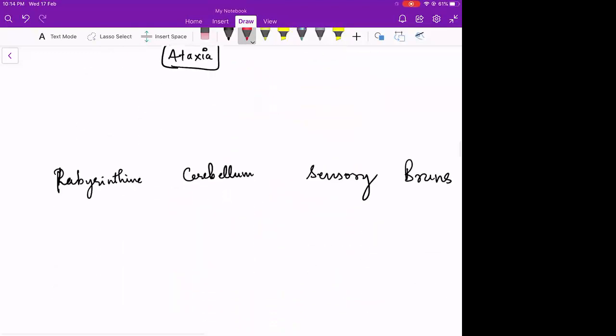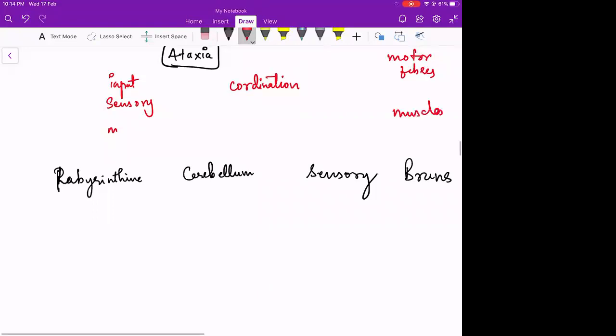Coming to ataxia per se, mainly there is a problem in coordination. The patient has input fibers from the sensory system, and the executor will be the motor fibers and the muscles. So if the patient has ataxia or imbalance, basically it can occur in the input fibers.